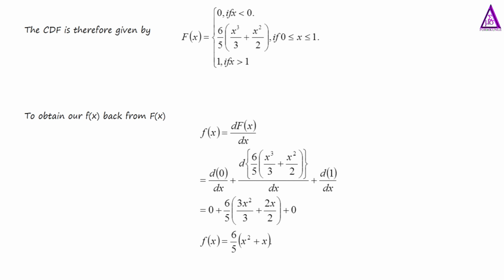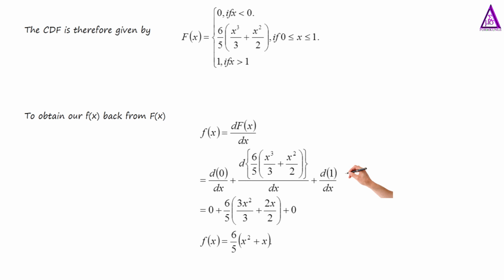To obtain our probability density function back from the cumulative distribution function, we use the formula by differentiating the cumulative distribution function. When we differentiate it, we have 0 plus the middle one, which is 6 over 5 into the bracket x raised to power 3 divided by 3 plus x raised to power 2 divided by 2, plus we differentiate 1 also.